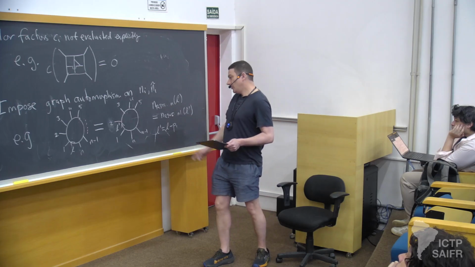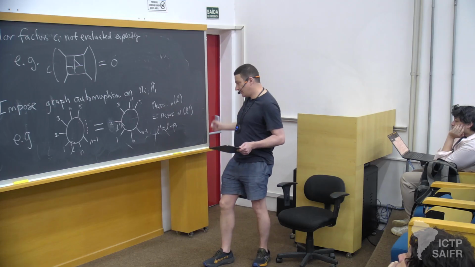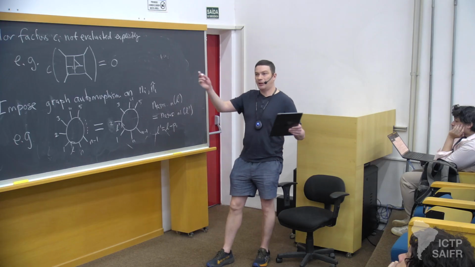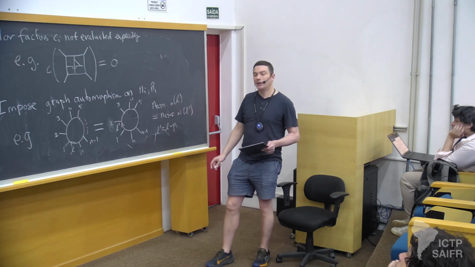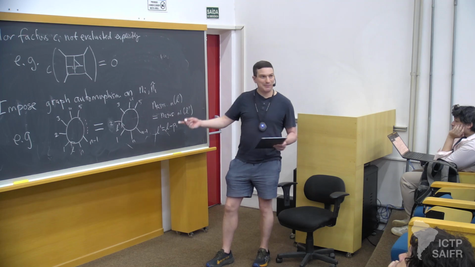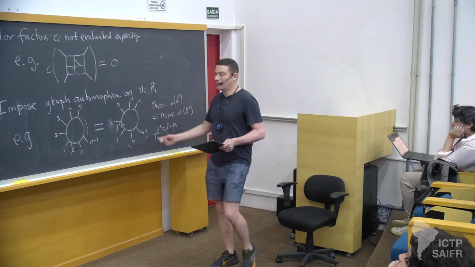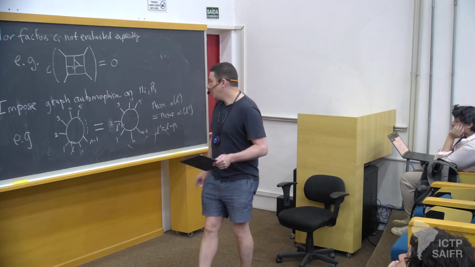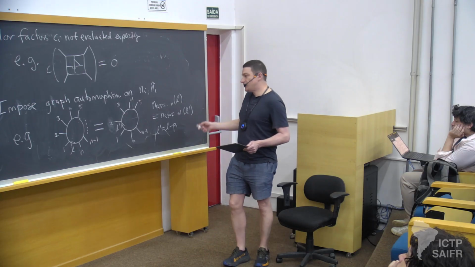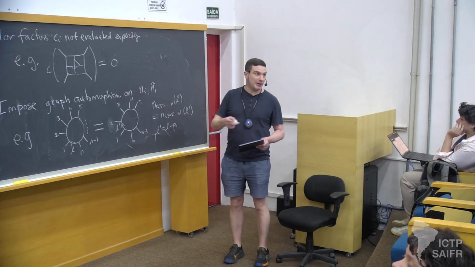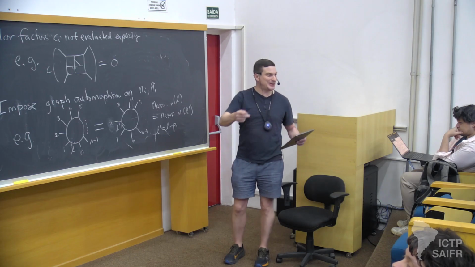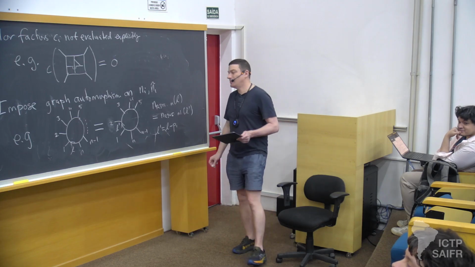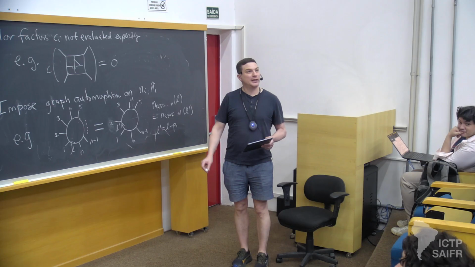So this thing that I'm discussing here is part of a larger issue that you encounter at loop level. Sometimes people call it the loop momentum labeling problem. It's a trivial version of it. This also features in, I don't know if anybody has followed the surfaceology literature by Nima Arkani-Hamed and company. It's the same thing there.